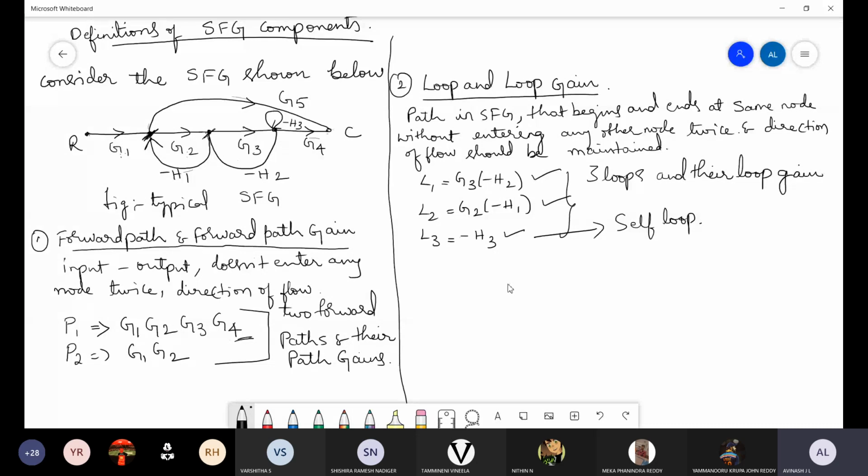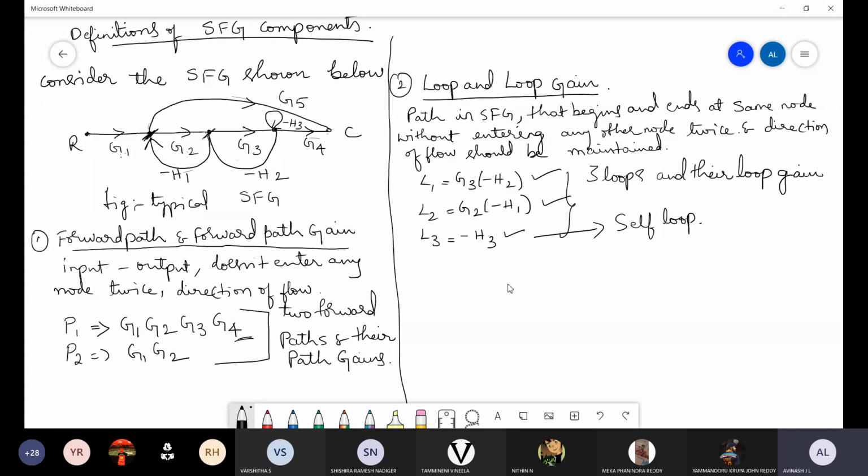If you have a doubt in how to consider the loop, then whatever you calculate will be wrong, and I don't want that to happen. So please pay attention to understanding what a forward path means and what a loop means. Clear? Okay.